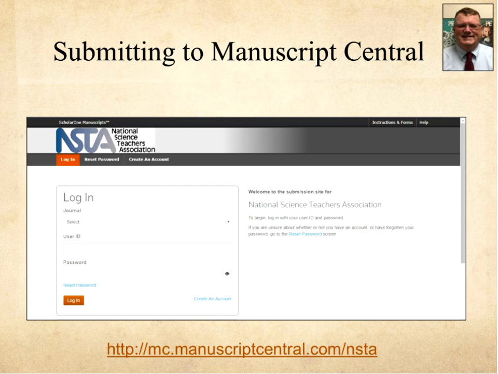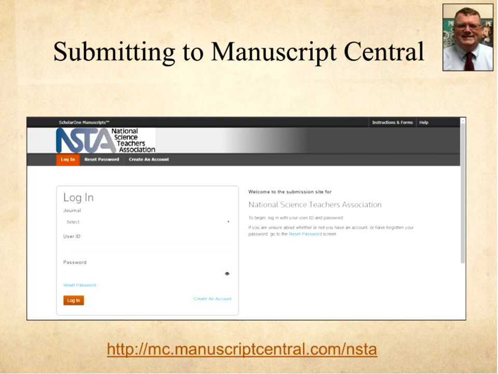So I'm going to briefly take you through the mechanics of the submission process. As we've mentioned a couple times, we use something called Manuscript Central. I've posted a link down there in the chat box for you. This is our online submission and review system, and its purpose is to collect your author information and allow you to submit your manuscript by taking you through a few steps.